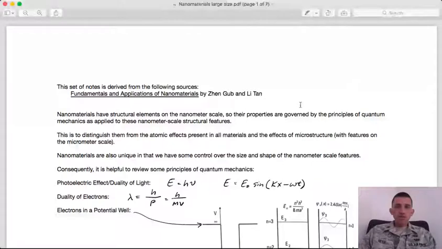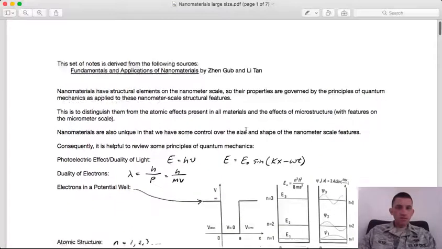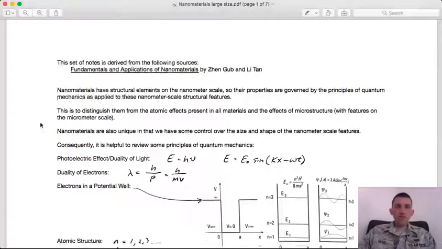These notes are not from our text. I built these based upon another book that was focused on nanomaterials. It was a text that's not in my personal library.